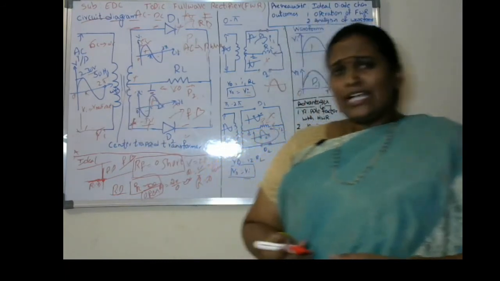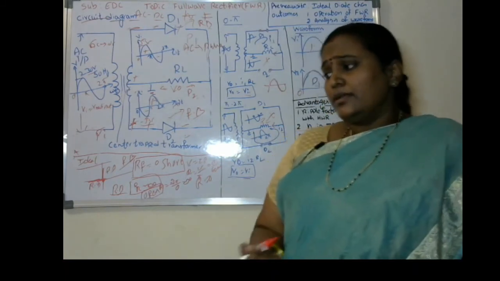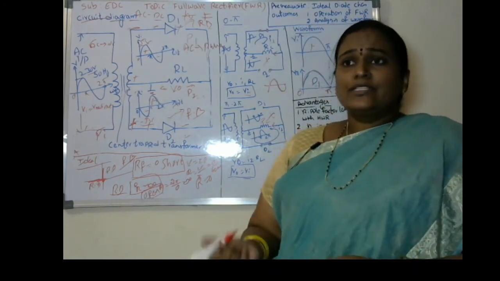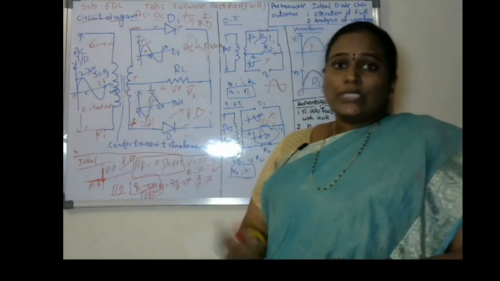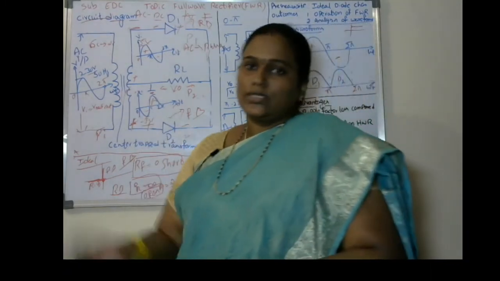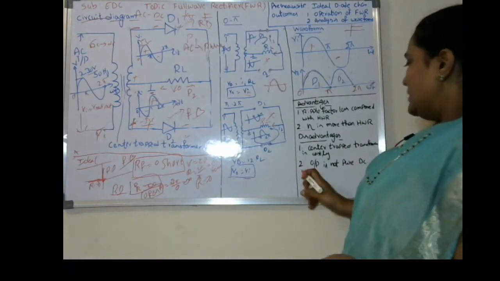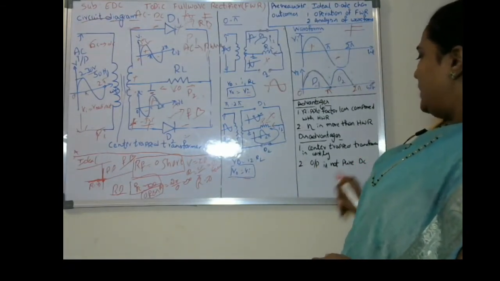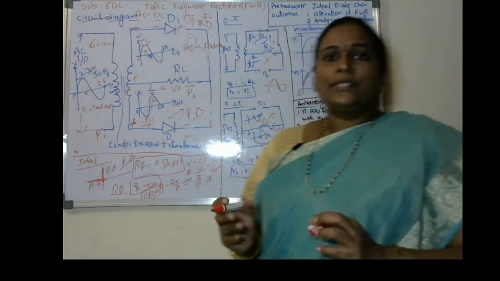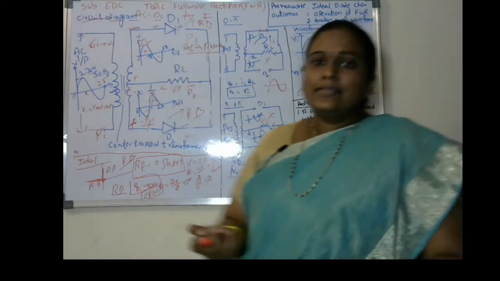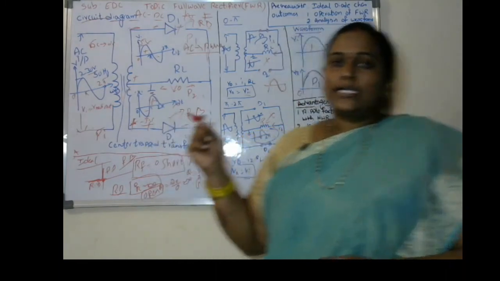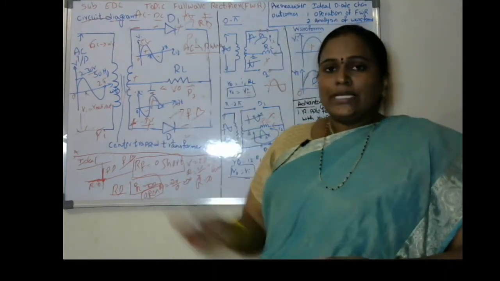The step down transformer is less costly compared to the center tap transformer. The center tap transformer is the costliest, so the full wave rectifier circuit is costly. The second disadvantage is that the output is not a pure DC signal. It converts the AC signals only to pulsating DC signals, not pure DC signals.